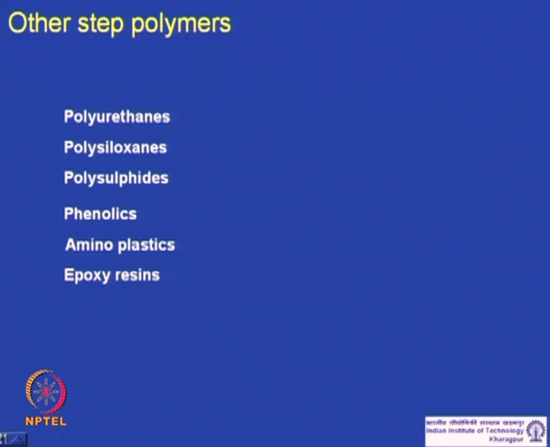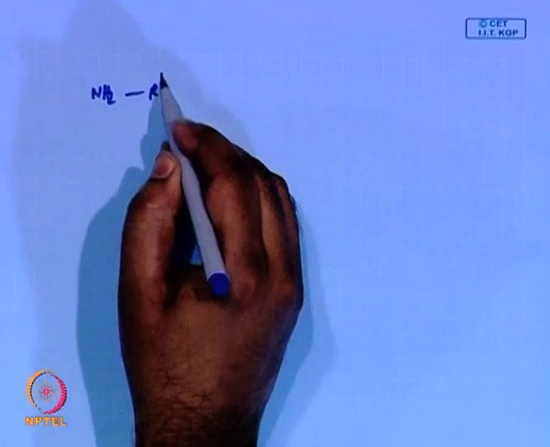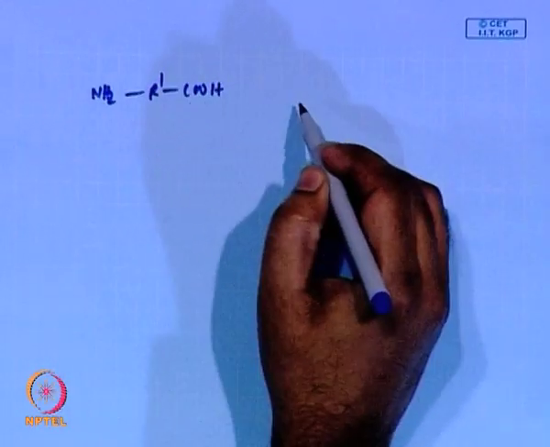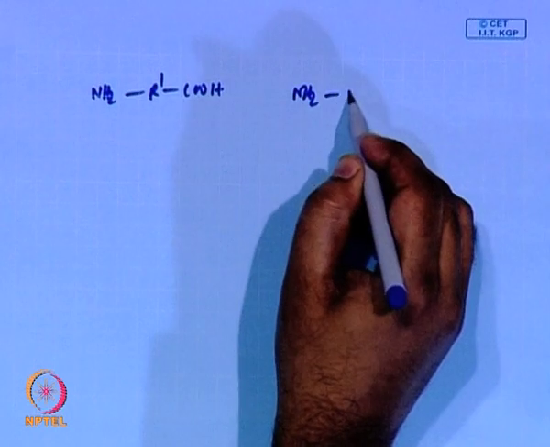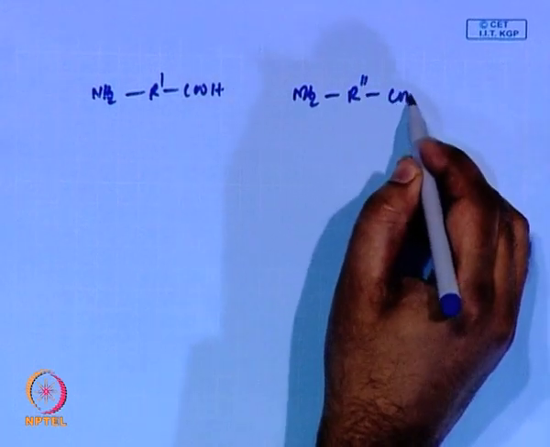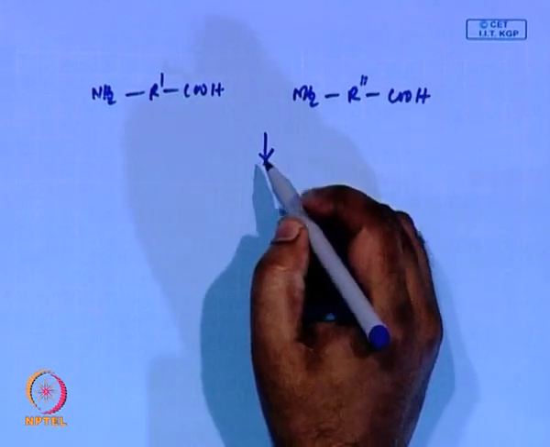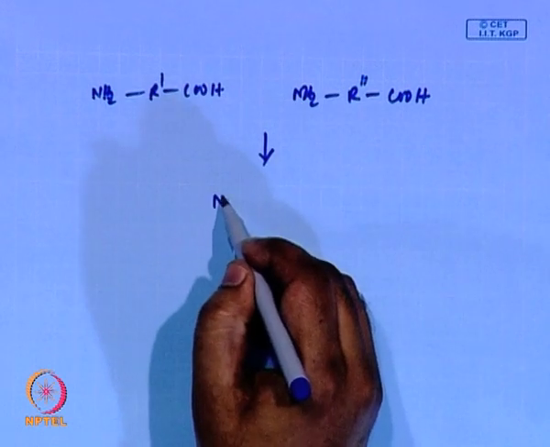So, what I want to do next is give you an idea about step copolymers. If you have, say, an amino acid RCOH and NH2 R double dash COH, obviously it will form a polymer.